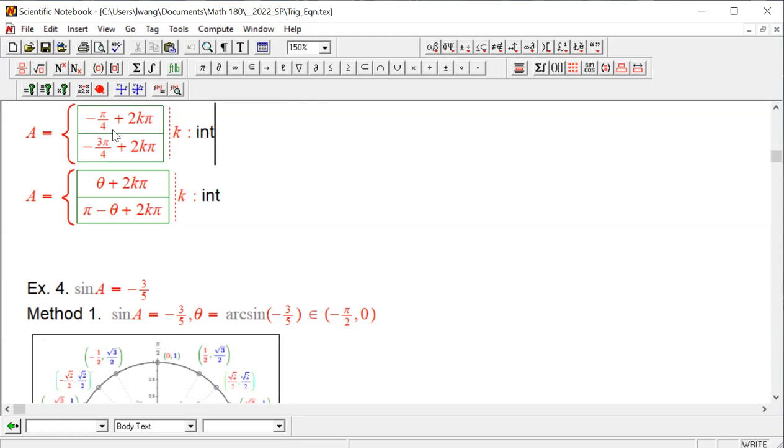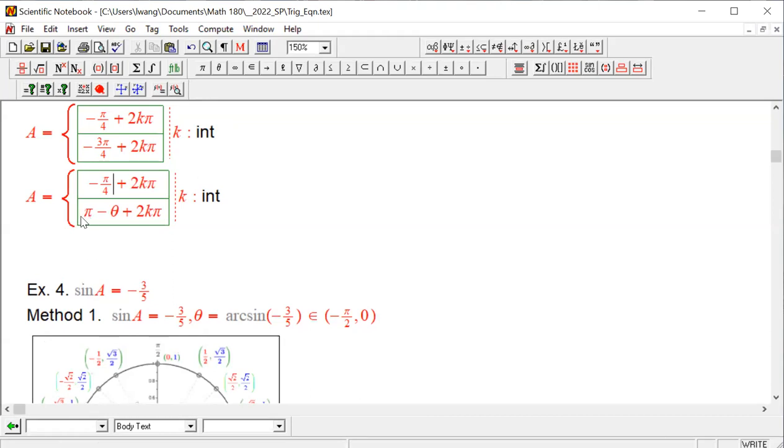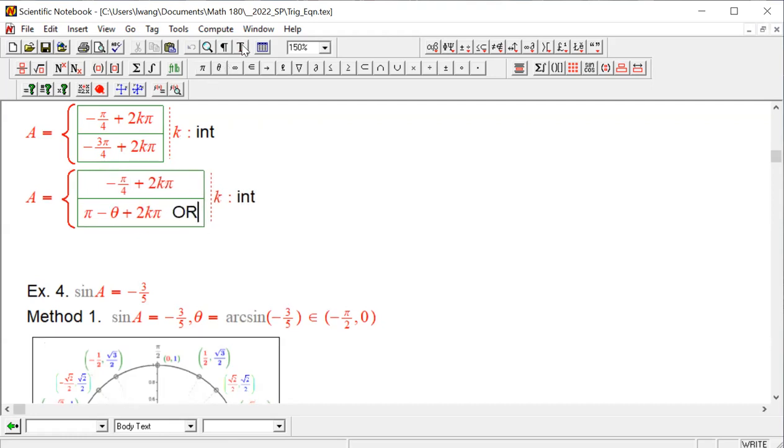Because if we made a mistake, we can go back to make the adjustment. Don't think I will never make a mistake. I do too. In this case, theta is negative pi over 4. So when I do pi minus theta, there's another form too. I'm going to put the other form, that was negative pi minus theta.